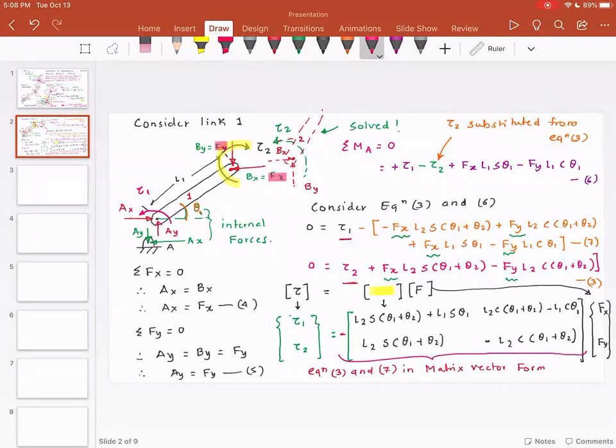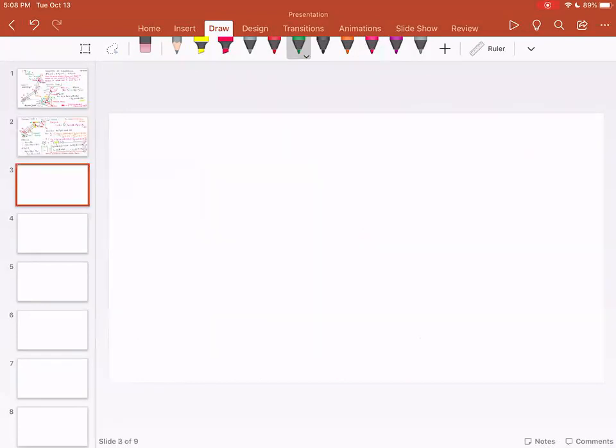Correct. This is the Jacobian transpose. And what is the physical interpretation of this? I want to tell you the physical interpretation.